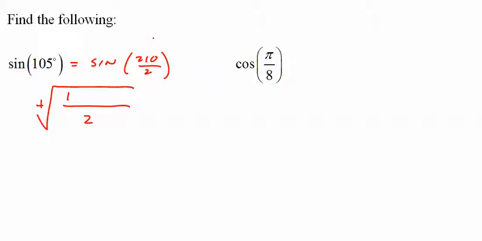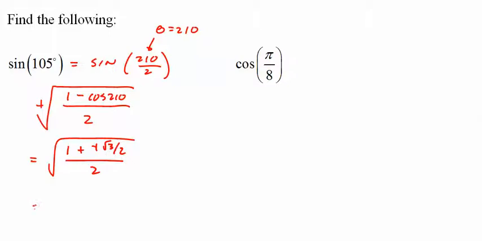And this is the theta. So 1 minus cosine of 210. Cosine of 210 is negative root 3 over 2. We just did a lot of this before.